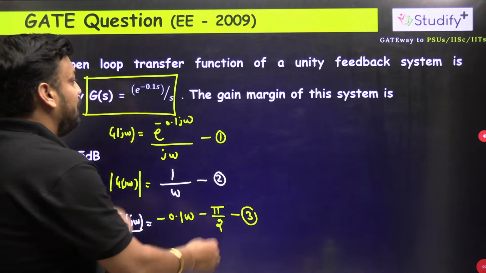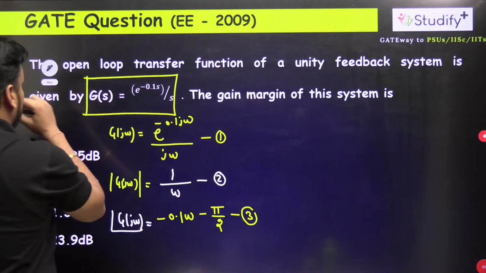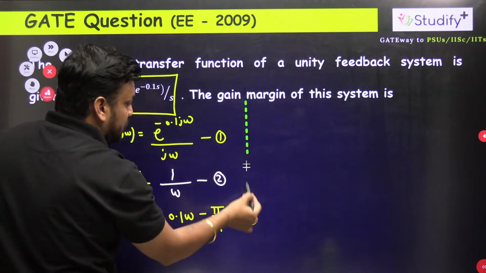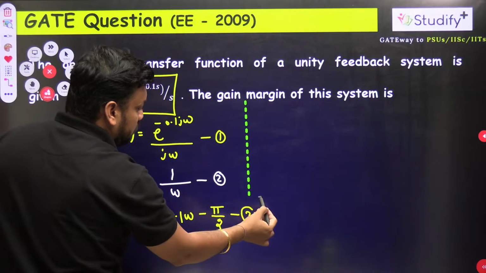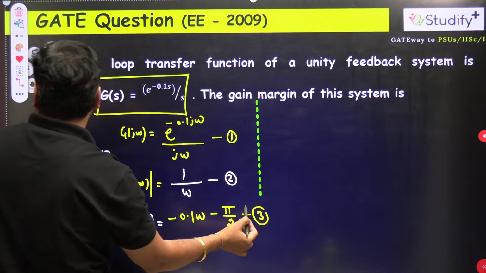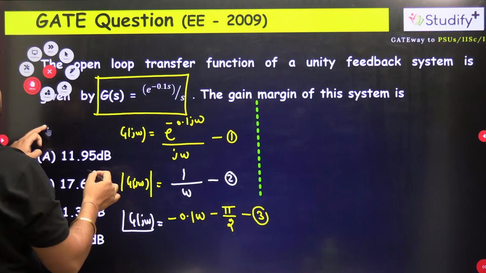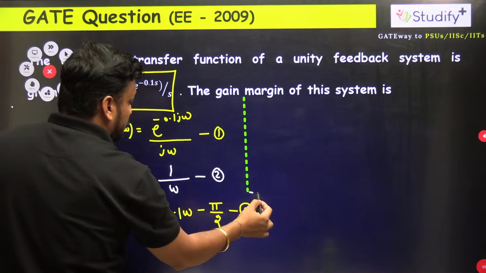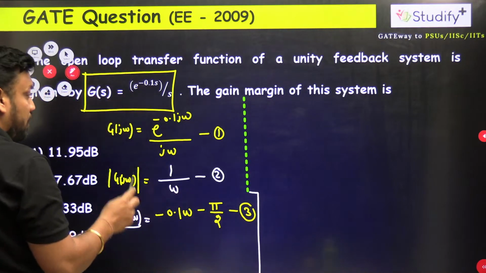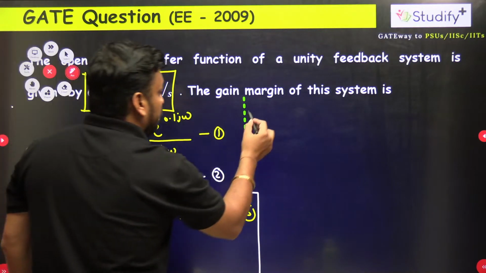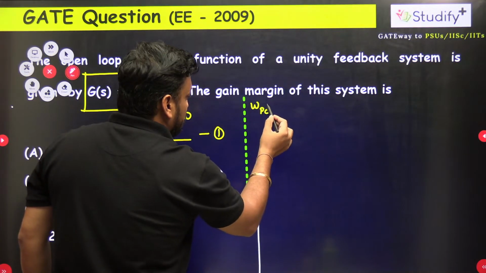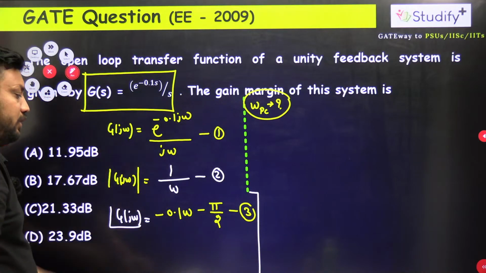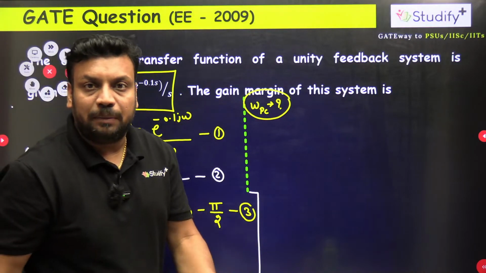Now student, the examiner is simply asking gain margin. So first you need to calculate omega PC. What is omega PC? At omega PC, my angle of G(j omega) at j omega is nothing but minus 180 degree, so minus 180 is minus pi.